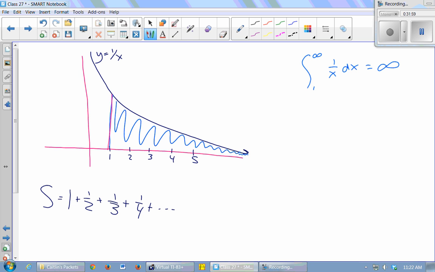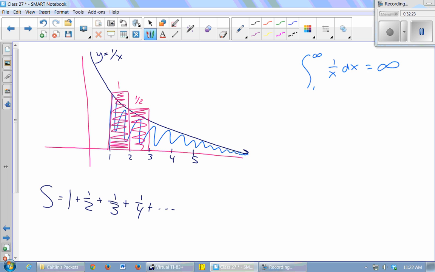So if I look at this rectangle, the height of that rectangle is 1 over 1, the value of the function. So the area of that rectangle is 1. And then I'm going to do another rectangle on the 2 to 3 interval. And the area of that rectangle is 1 times a half, which is a half.